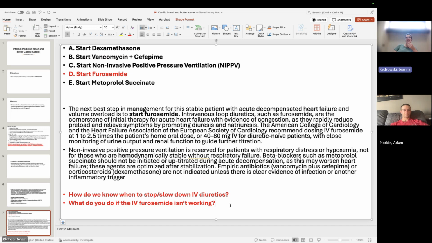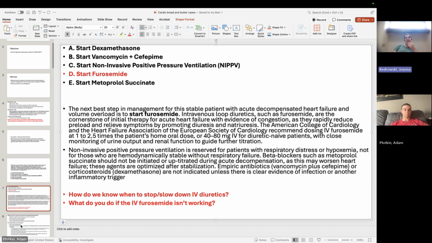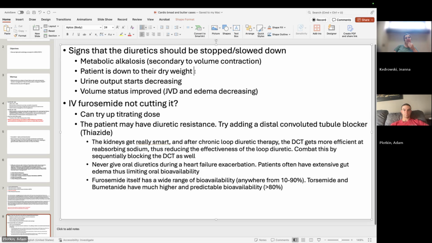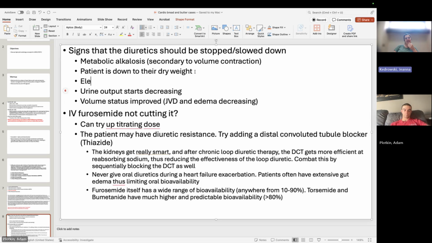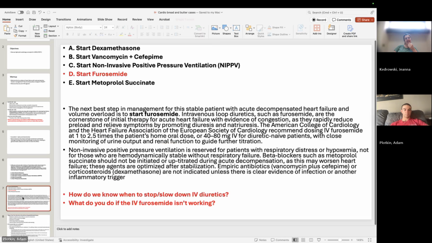Okay. There's a stronger drug than furosemide, and I don't actually remember at this point. Yeah, no, so there's three of the loop diuretics. There's furosemide, torsemide, and bumetanide. I can't say that one.